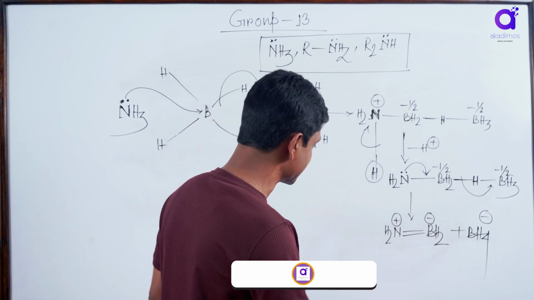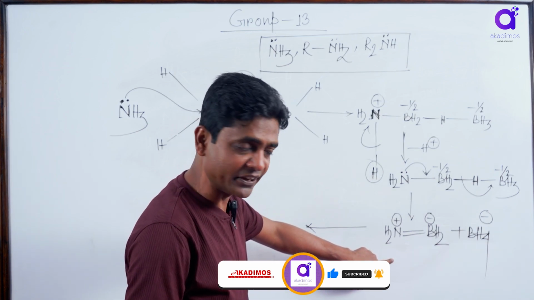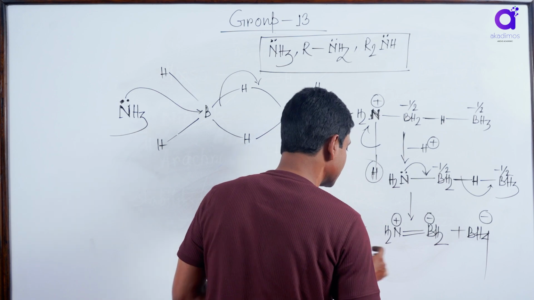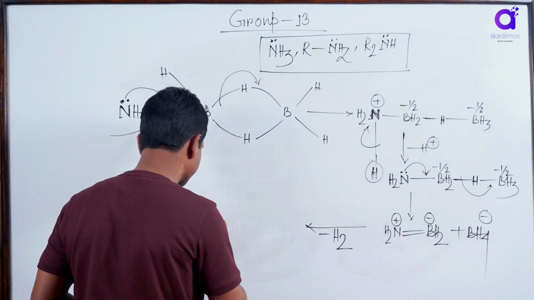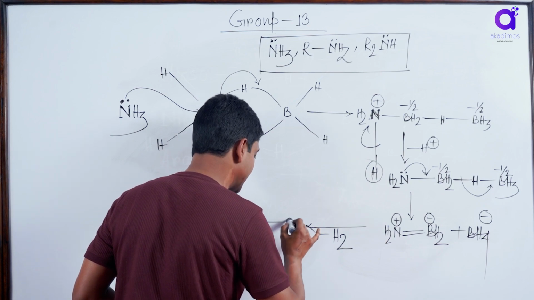Now the next part, the extended part. Remember, H plus you can remove from here and H minus from here. Hydrogen can leave from here and you will get HN double bond BH.